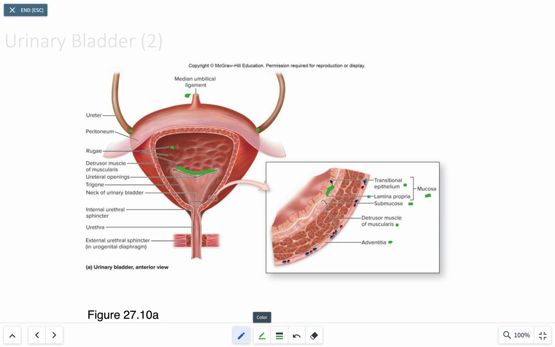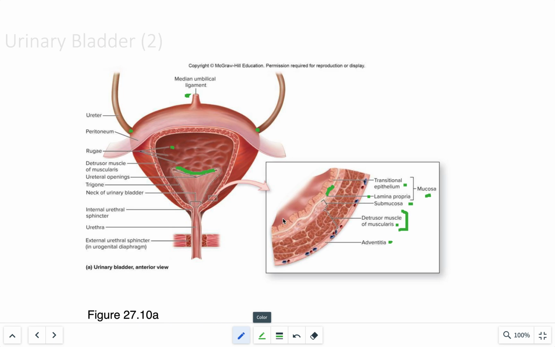On the muscularis layer, in particular, what we see is called the detrusor muscle. With the detrusor muscle, it's a smooth muscle with innervation. There are three layers of smooth muscle called the detrusor.